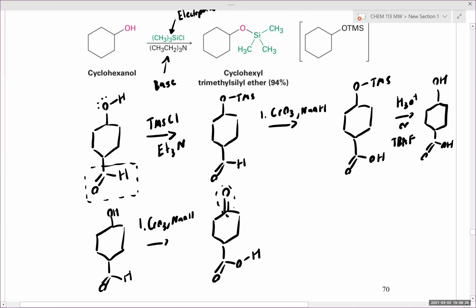So as you notice, depending on whether or not we have a protecting group in place, that determines whether or not we engage our alcohol in the oxidation reaction in this case. Does that make sense? Does everyone see the role of protecting groups in this case? Any questions from here?